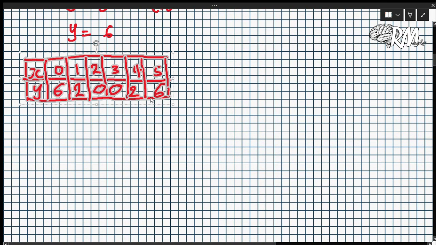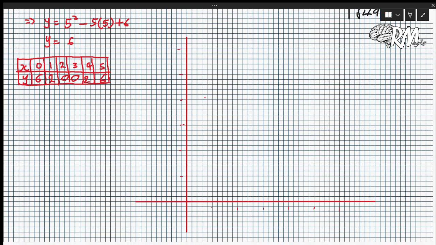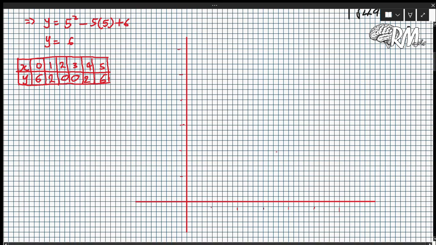Now I hope you can see this. First we are going to find our scale of the graph, and I have to do 5 boxes for 1 centimeter to represent 1 axis.